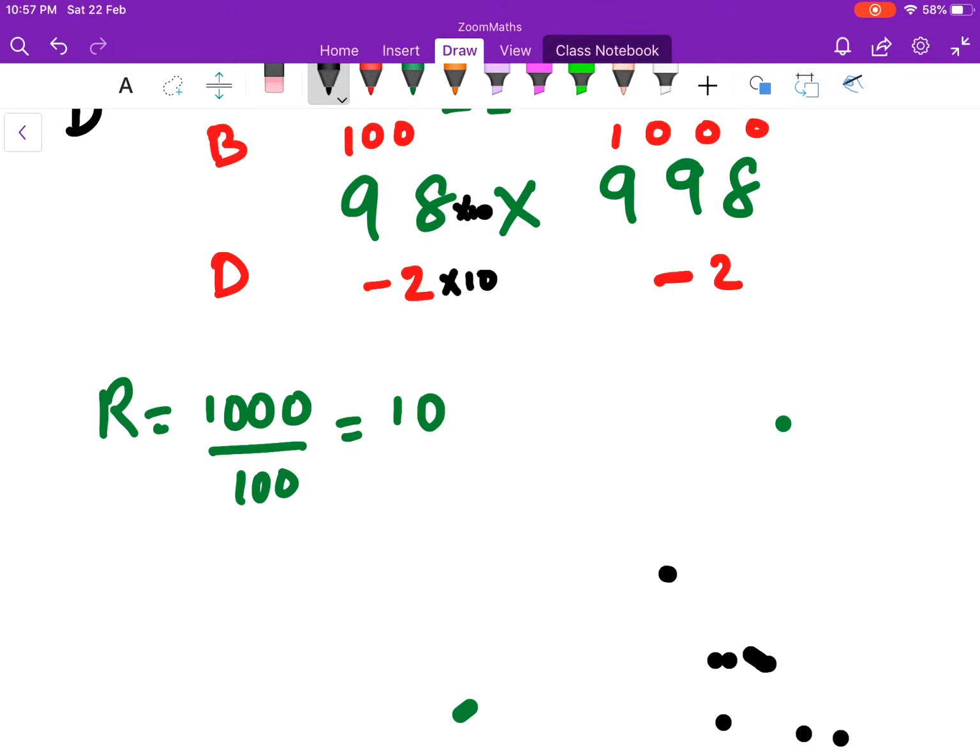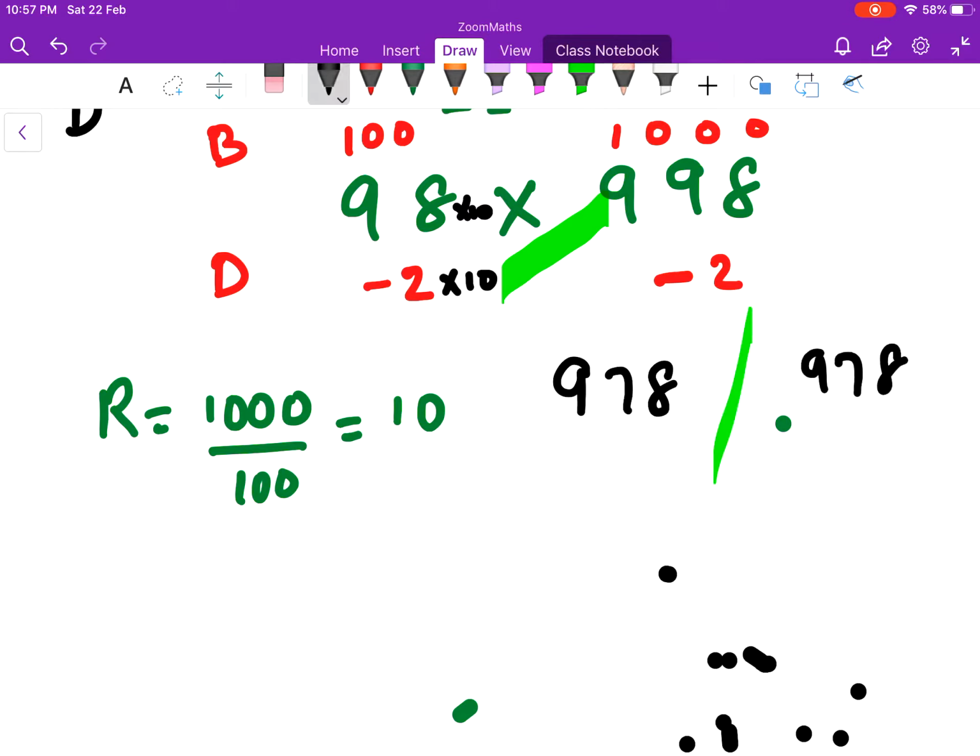So it is either 980 minus 2, which is nothing but 978, or let's take the sum of this then, it is 998 minus 20. That is also 978. In both cases we're getting 978. Sorry, there are a lot of palm impressions falling on my iPad. So you get the right answer of the number, that is 978.